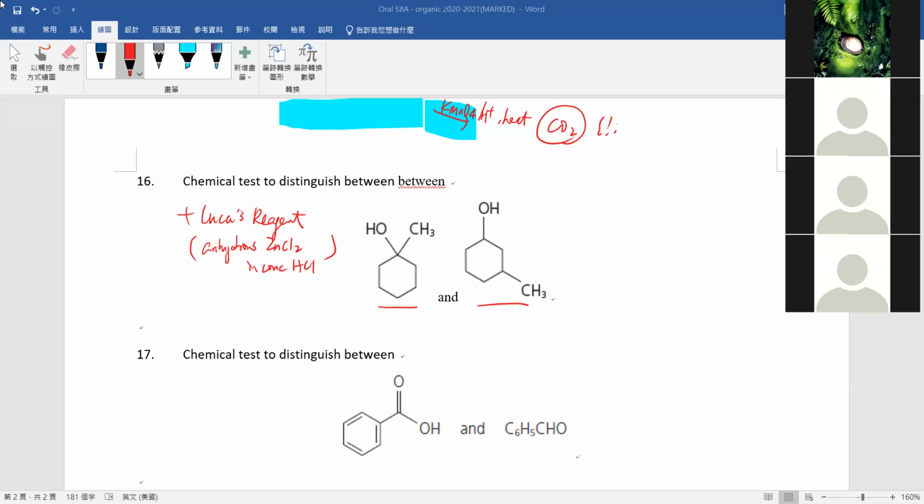One methyl cyclohexane 6, correct? What do you think? Is that name correct? One methyl cyclohexane 6. No. So how do you make it correct?